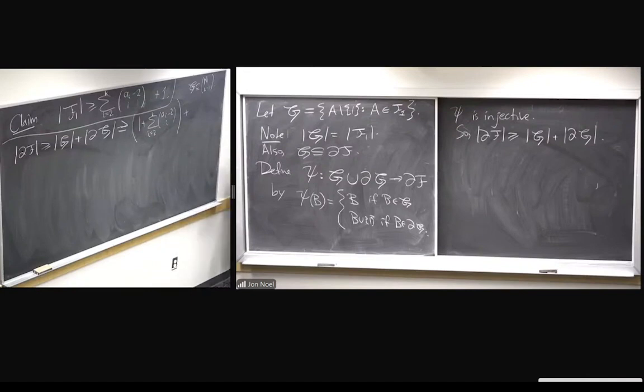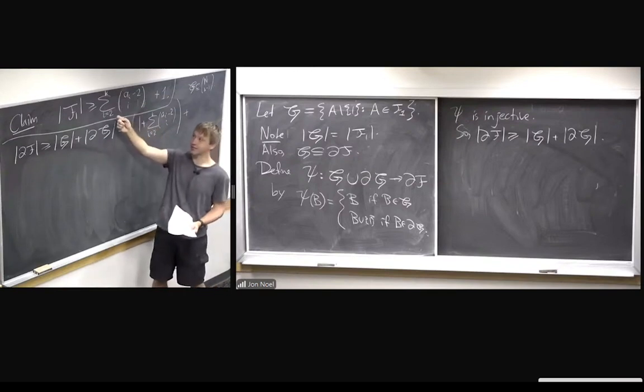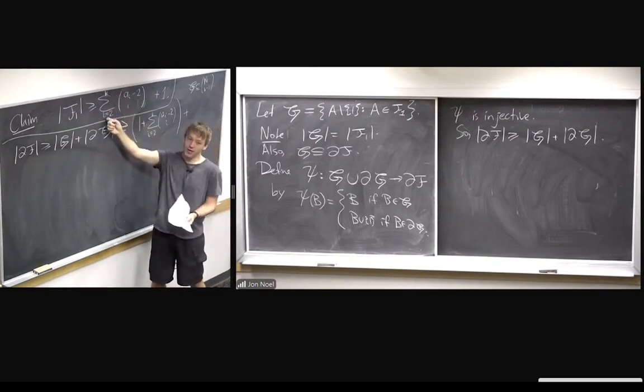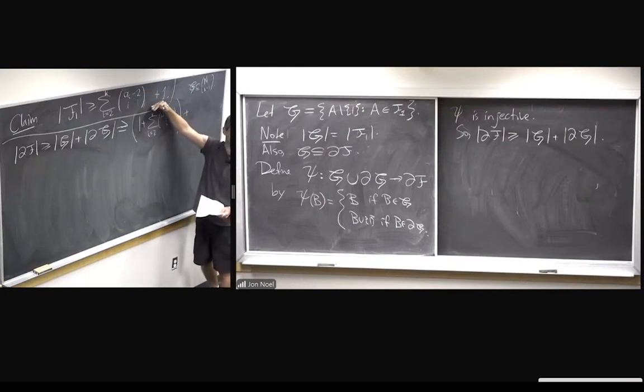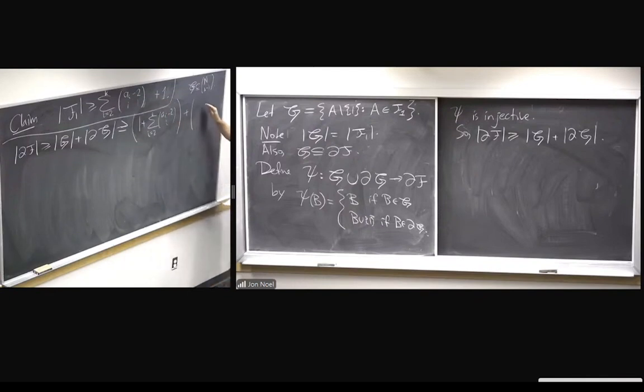The cardinality of G is at least this sum, which I could re-index and take the sum from i equals 1 to k minus 1 of a_(i+1) or whatever. And this is exactly the form that we need for the Kruskal-Katona theorem. So then we can say that the shadow of G has size at least the sum from i equals 2 to k of a_i minus 2 choose i minus 1.